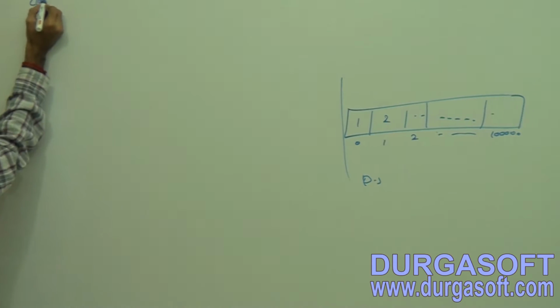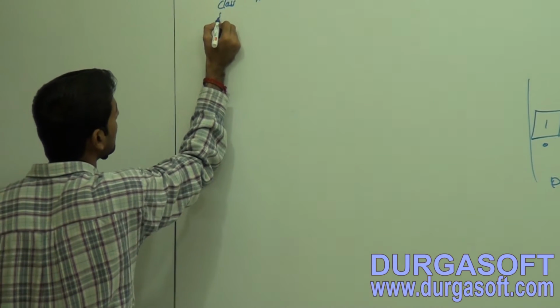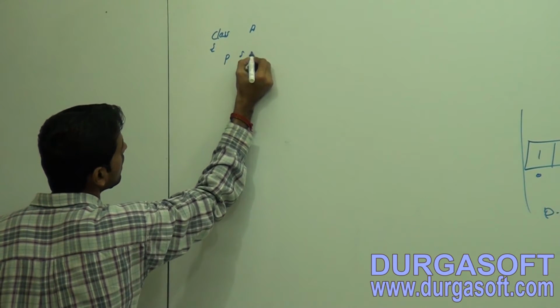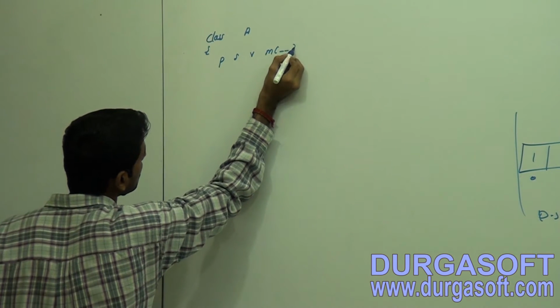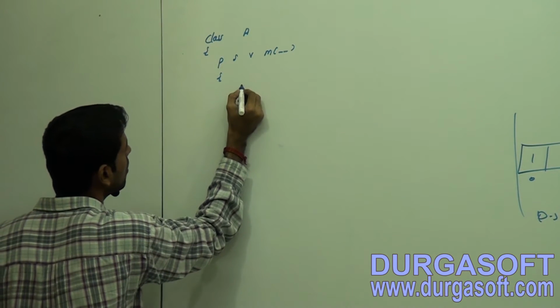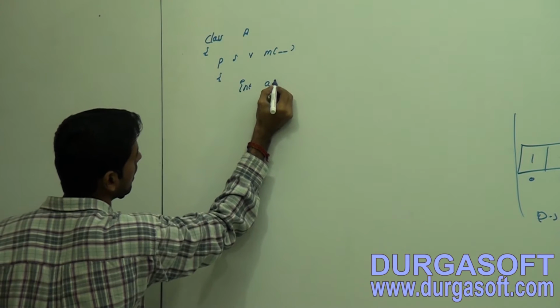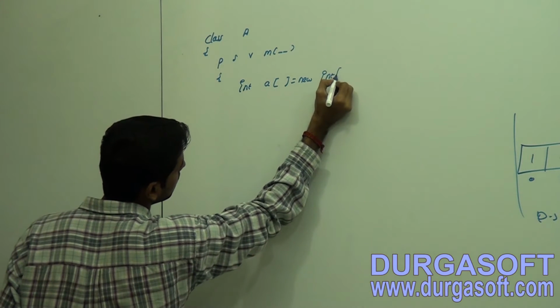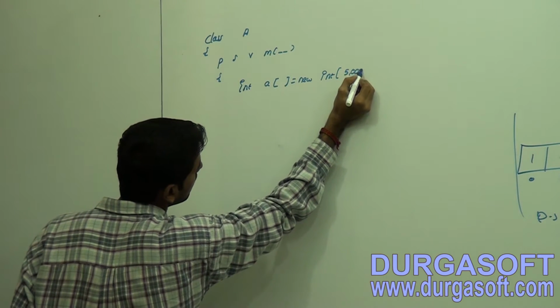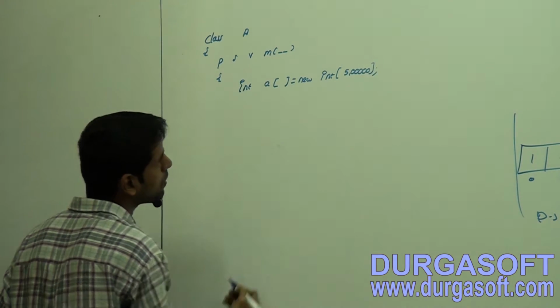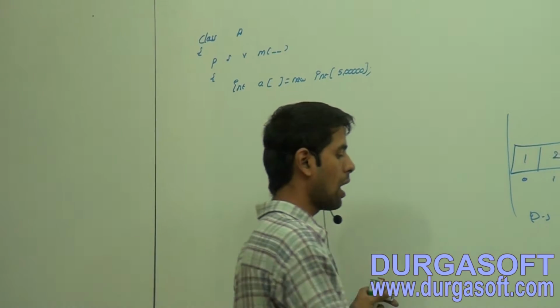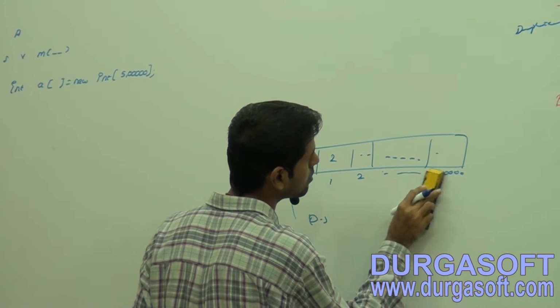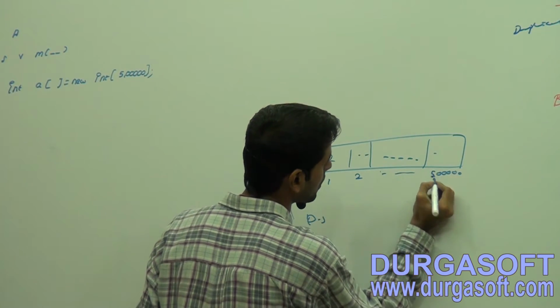Let it be class A. Now create the main method with a string array. Now take one array a whose size is 5 lakhs. So an array of size 5 lakhs is created.